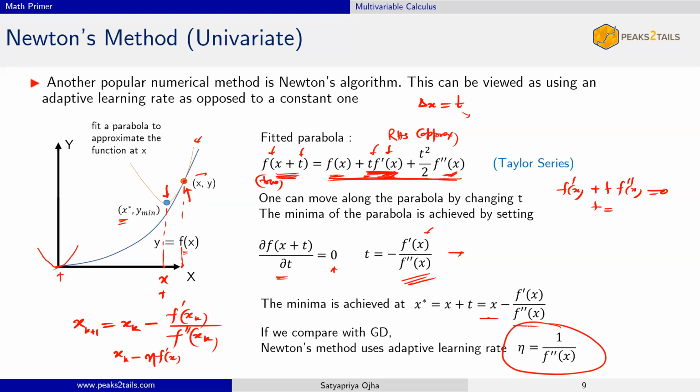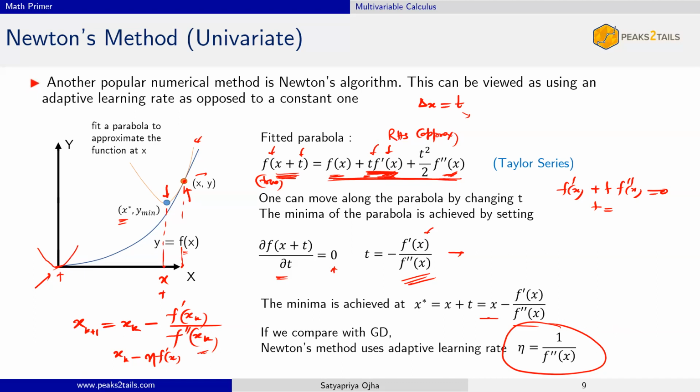And this is dynamic because at different x, you'll have a different double derivative, right? The value will keep getting updated. So in a way, we are using a dynamic or adaptive learning rate, which we don't have to specify. It doesn't have to be static. It'll be very elegant. Once you reach closer to the actual minima, the learning rate would slow down automatically. It will be less.